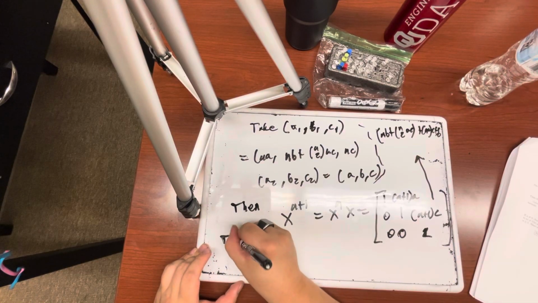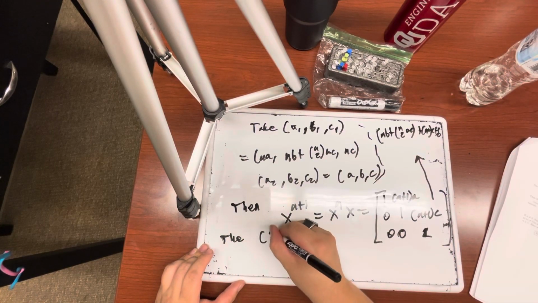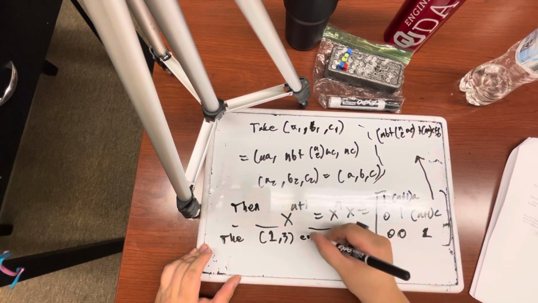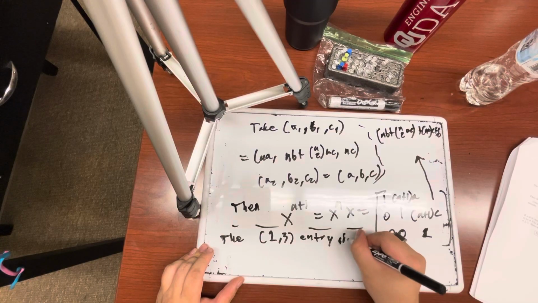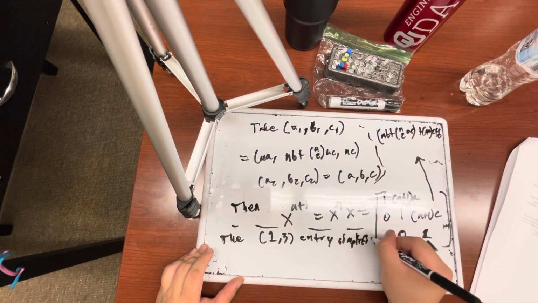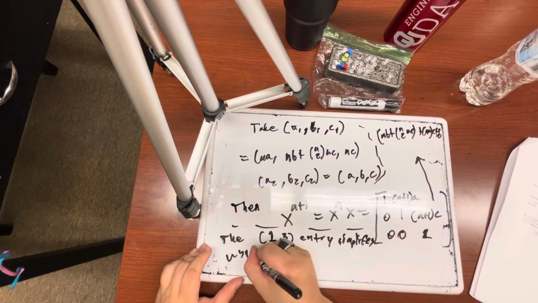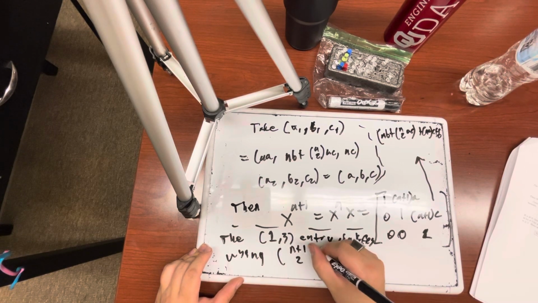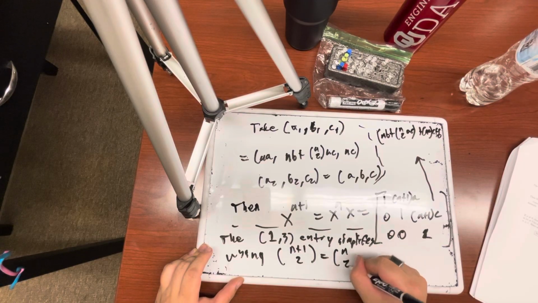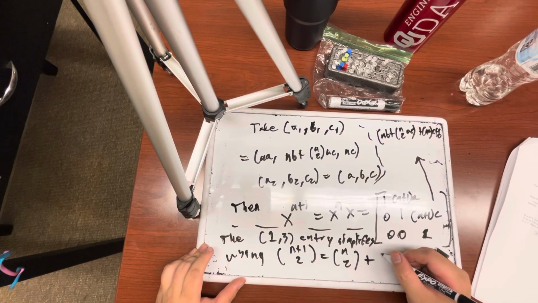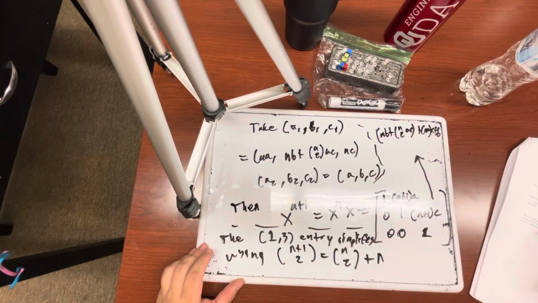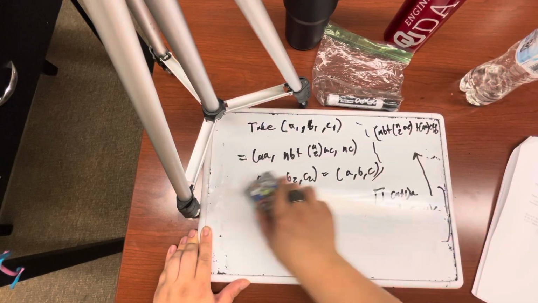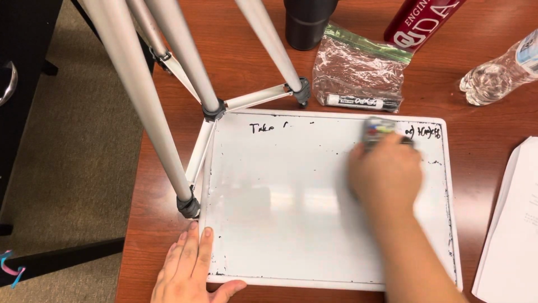So, the first row, third column entry simplifies using the combination of n plus 1 and 2, which is equal to the combination of n and 2 plus n. Just gotta erase this really fast.